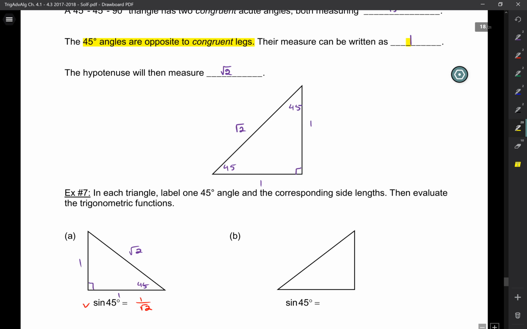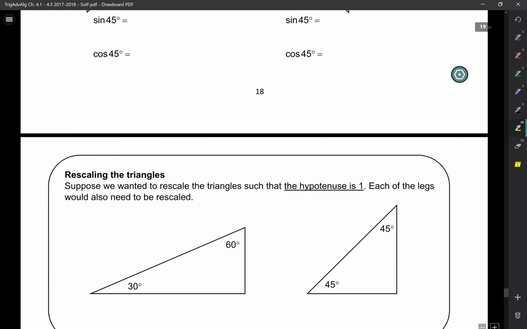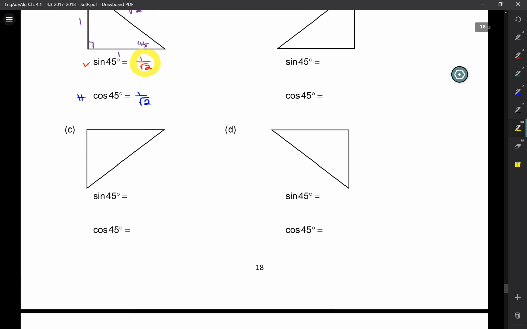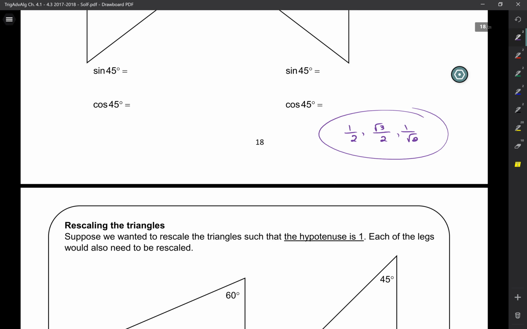Here, what were some of the answers we got? 1 over root 2. Moral of the story: when we do sine or cosine of our 30, 60, 45 degree angles, what are the three possibilities that we're going to get? Right, 1/2, root 3 over 2, 1 over root 2. So these are basically going to be the answers to sine and cosine of these angles.